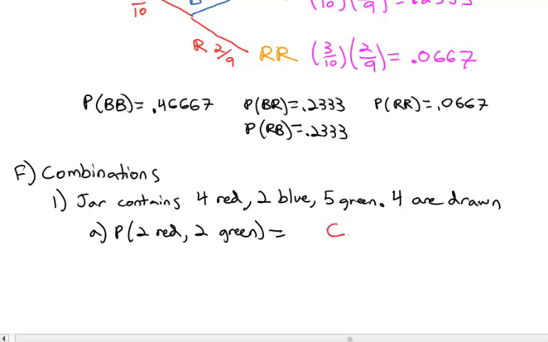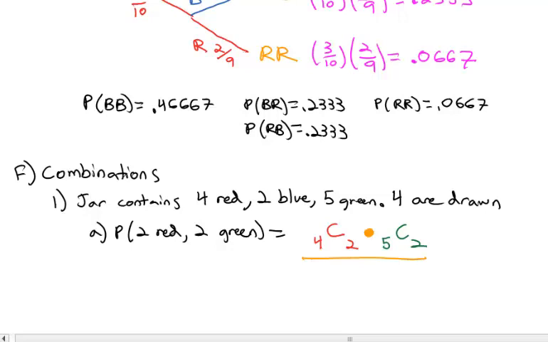So we'll do a combination for the reds first. There are 4 reds to choose from, and we are going to select 2 of them. With the greens, there are 5 greens to choose from, and we're going to choose 2 of them. Multiplying those together will tell us the number of desirable outcomes there are. We simply need to divide this by the total number of possible outcomes.